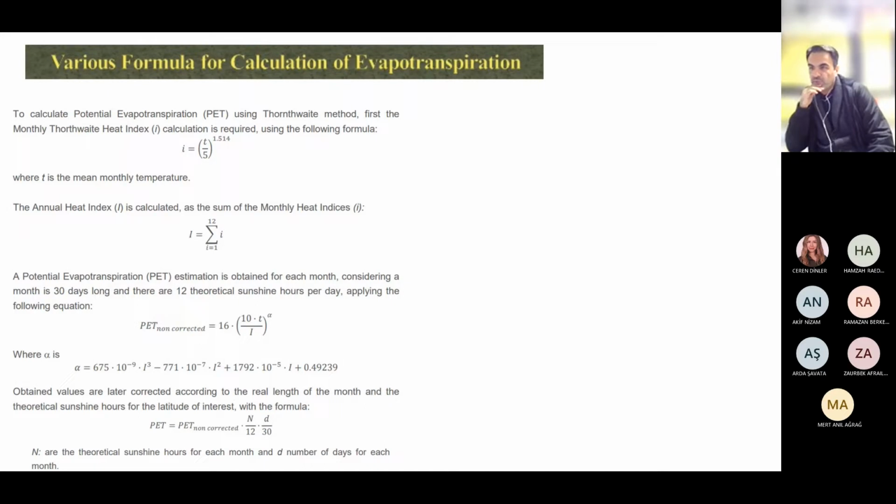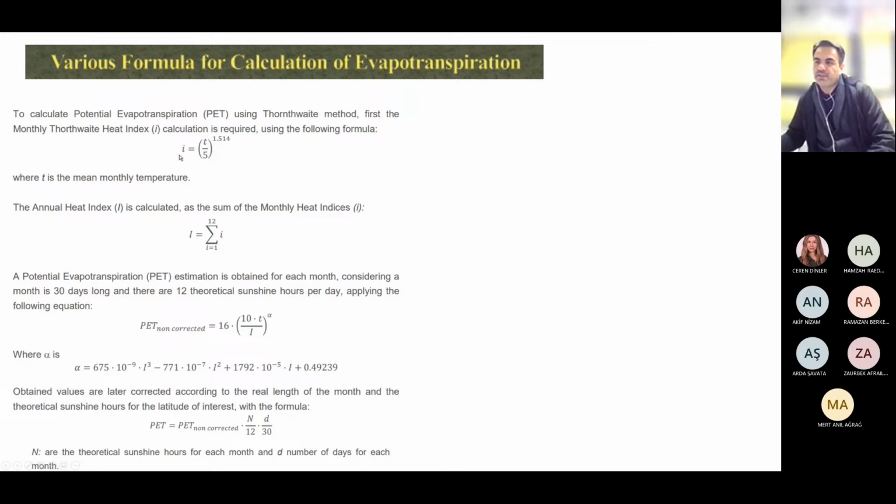However, we also have some other formulations to calculate it. These are mostly empirical formulas that we use to calculate evapotranspiration. For example, to calculate PET, or potential evapotranspiration, you remember the definition? This is the full amount of evapotranspiration from a region when there is no water limitation. Thornthwaite's method is this. We can use it for calculation of PET at a month.